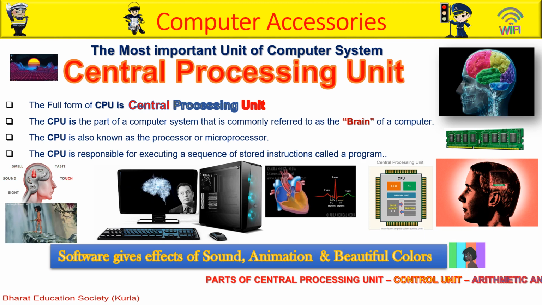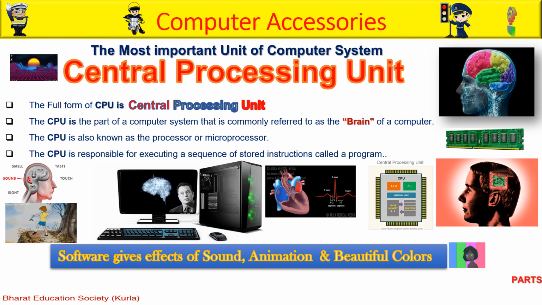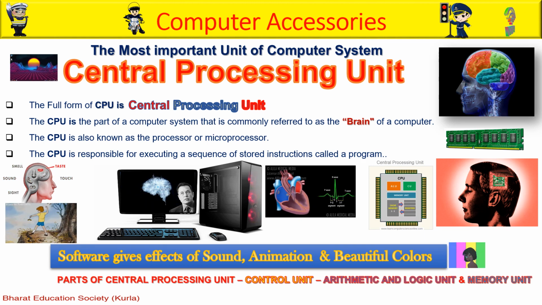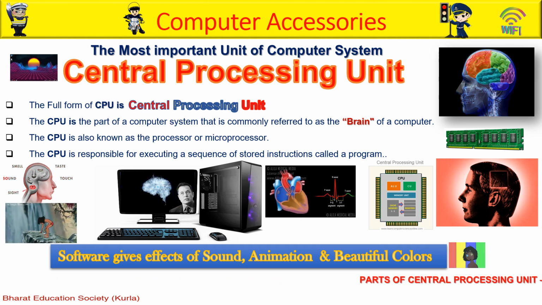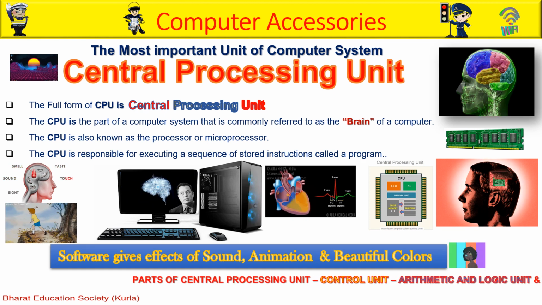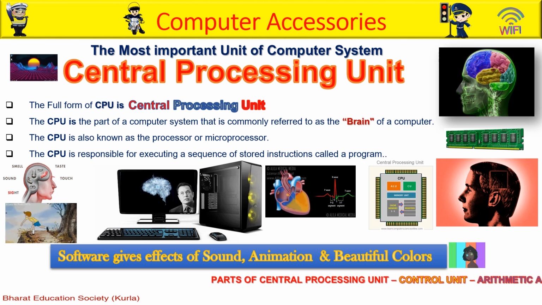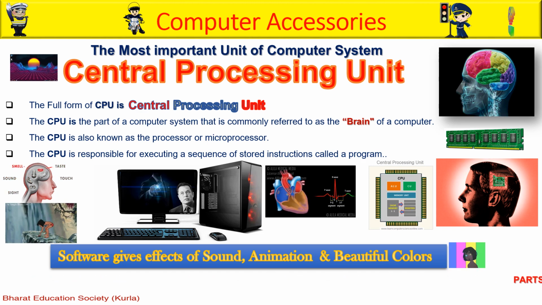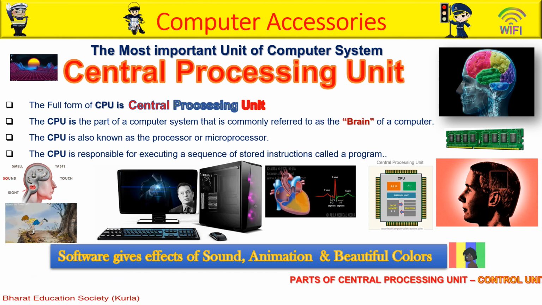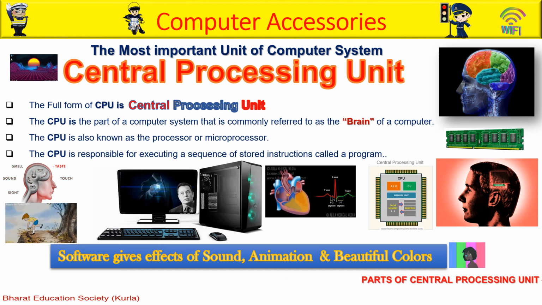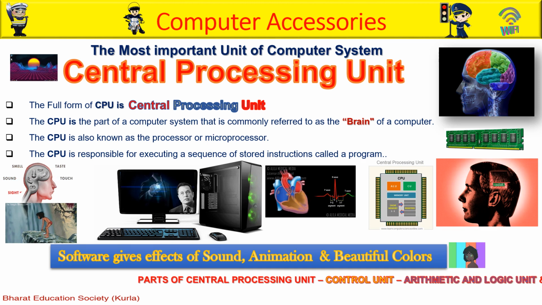So that is why the CPU is called an important part of the computer system. It is like a brain and heart of a computer. The next topic is parts of the central processing unit. There are three parts of the central processing unit: control unit, arithmetic and logic unit, and memory unit.